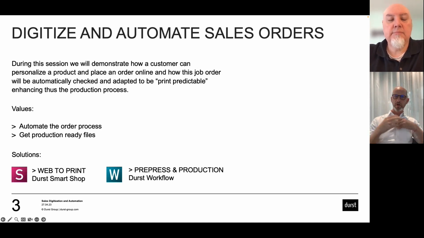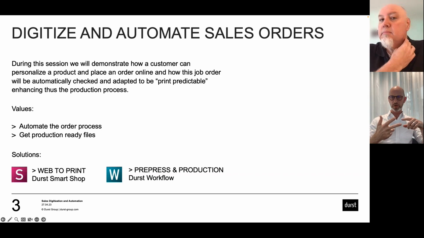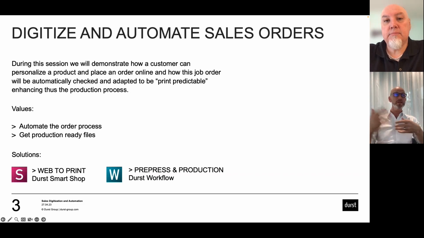We talk about spot color substitution, color conversion, ink save modification, text extraction, variable data. We can talk about a lot of things, preflight, and even file corrections that can be automated. These are the things that Randy is going to show you right now during this webinar session. So Randy, I think it's your turn now.